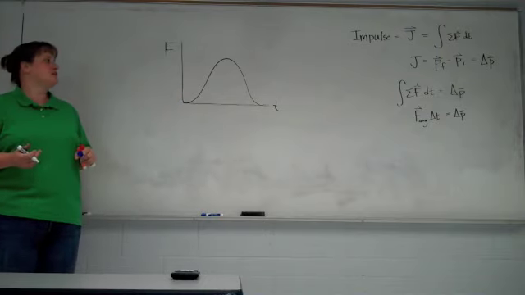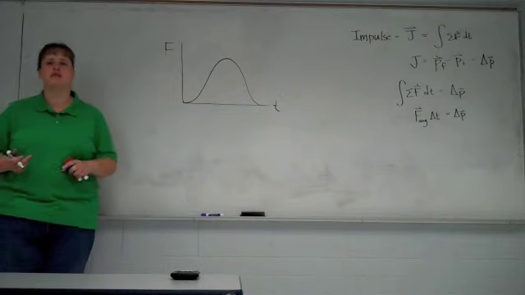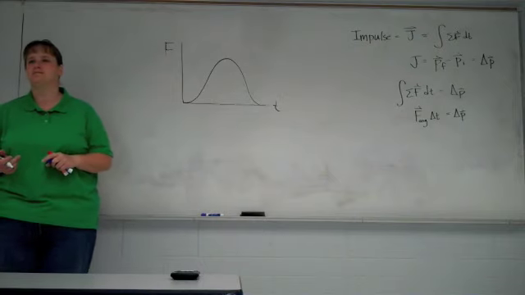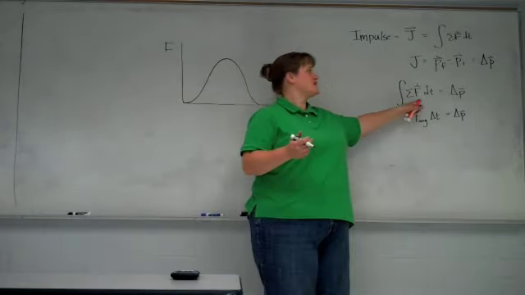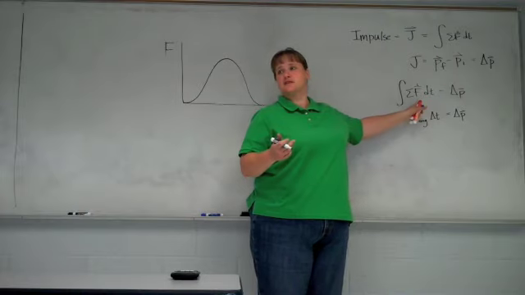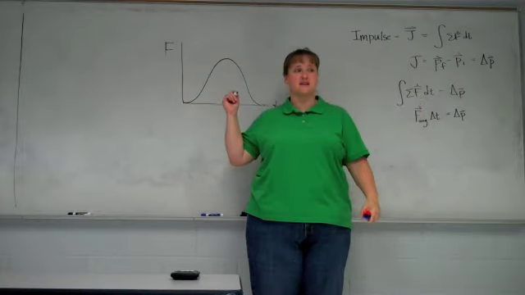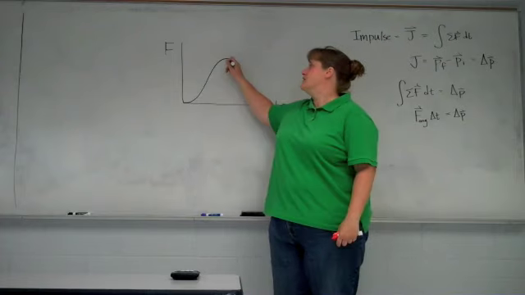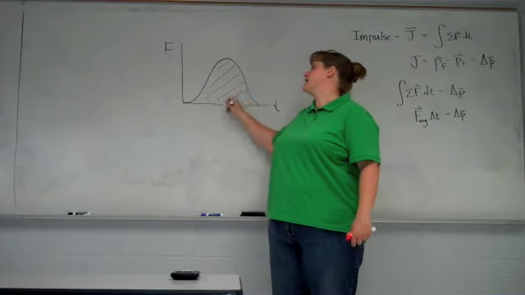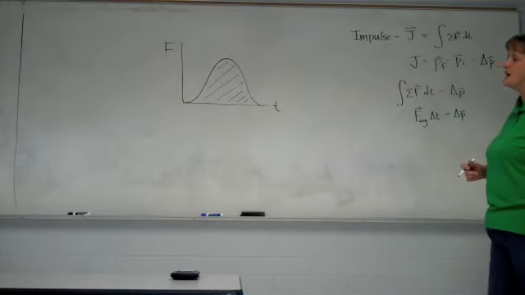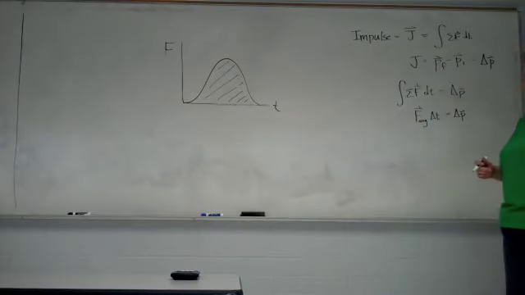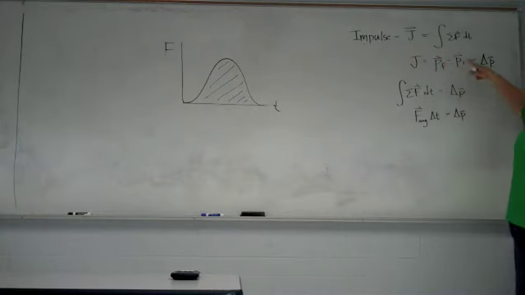How would I find impulse if I have a graph of force with respect to time? Since impulse is the integral of force with respect to time, we know integral graphically is just the area under the curve. The impulse is simply the area under the curve. So if you have a force versus time graph, you can find the impulse and work backwards and find momentum, for example.